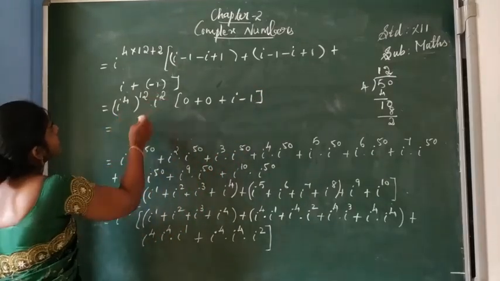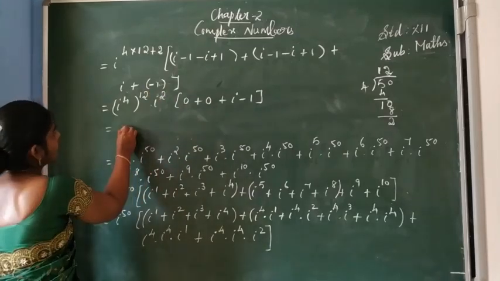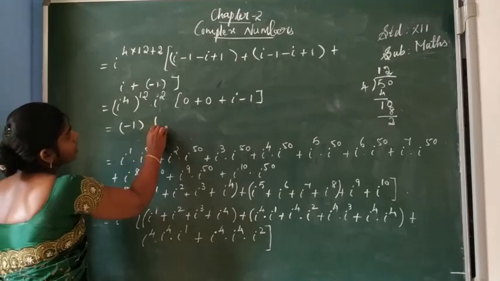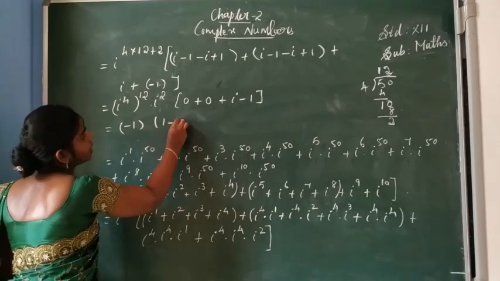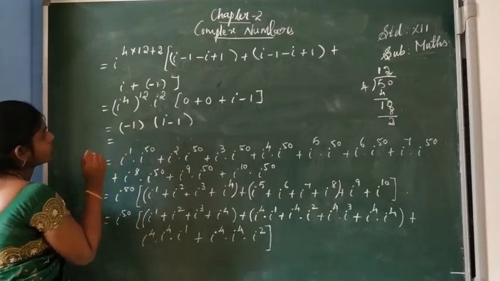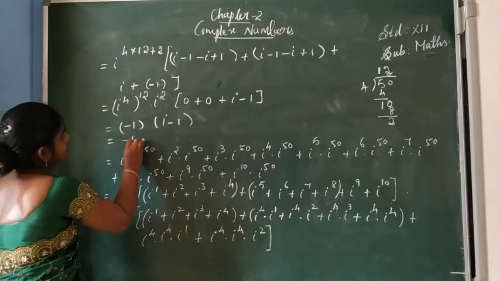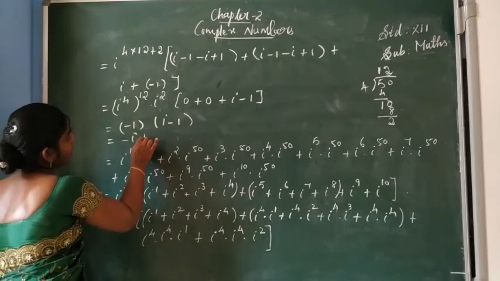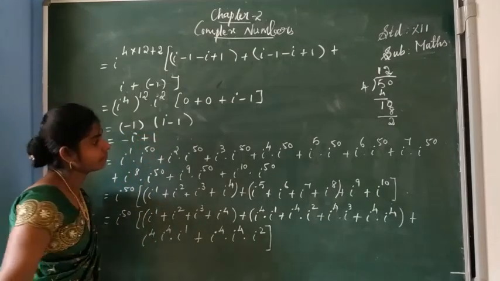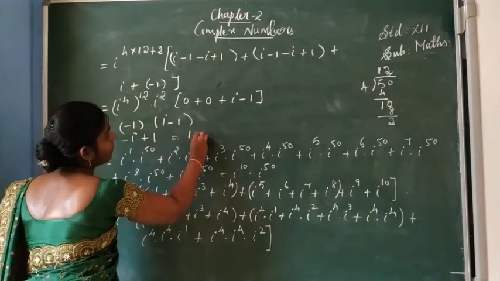The value is i square. i square the value is minus 1. So minus 1 into i minus 1. So that's equal to minus i plus 1. So the answer is 1 minus i.